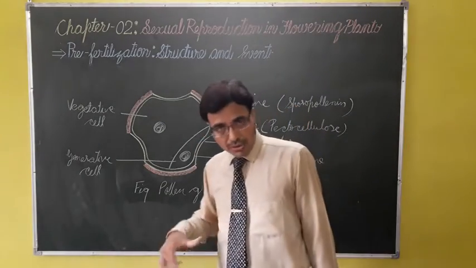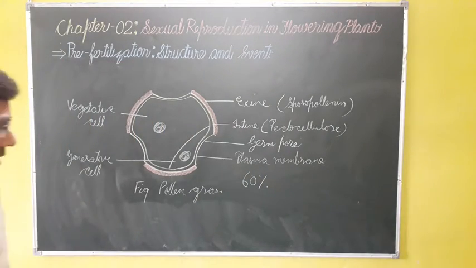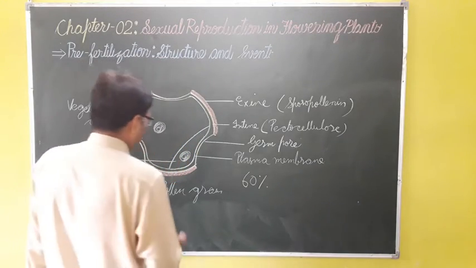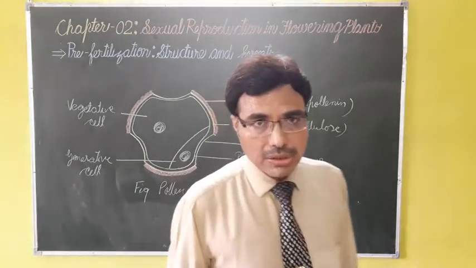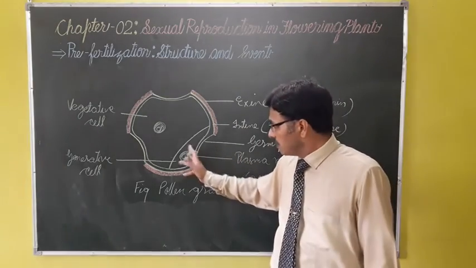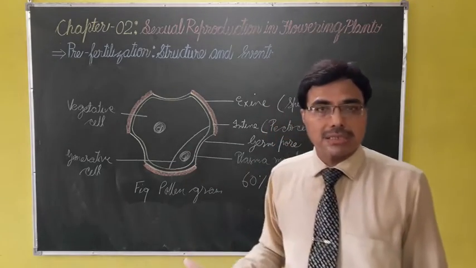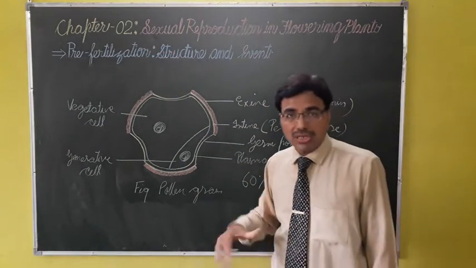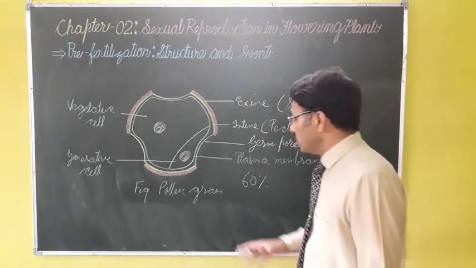But it has also been observed that in 40% of conditions, the pollen grains are shed in 3 cell states. What does it mean? This generative cell divides mitotically to give rise to 2 male gametes, right? So 2 male gametes plus 1 vegetative cell, now 3 cells. So in 40% of conditions, the pollen grains are shed in 3 cell states, but in 60% of conditions, the pollen grains are shed in 2 cell states.